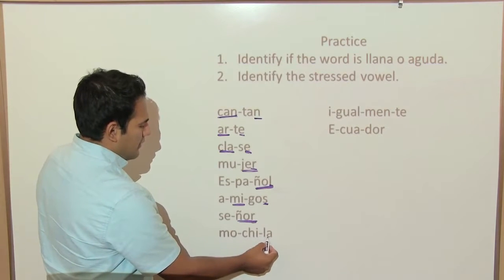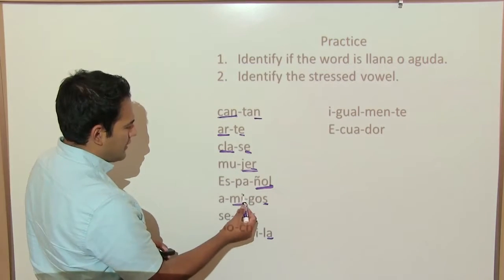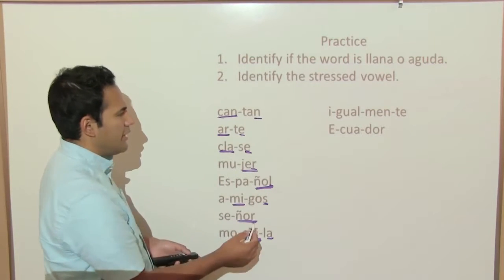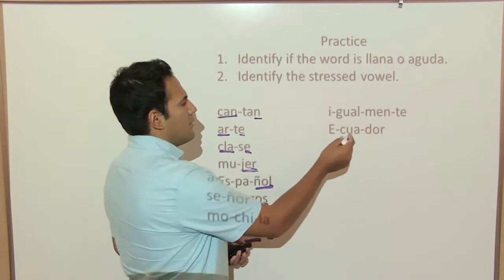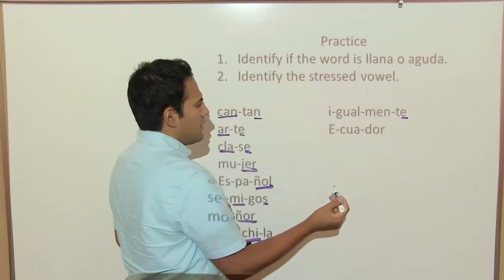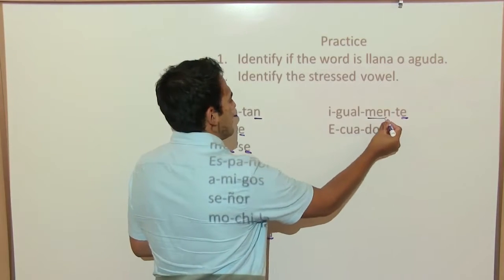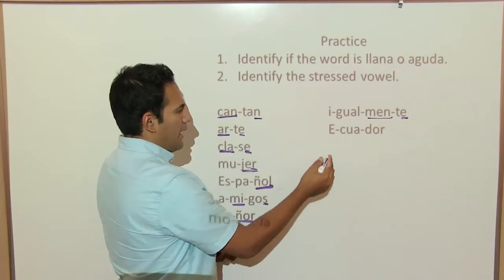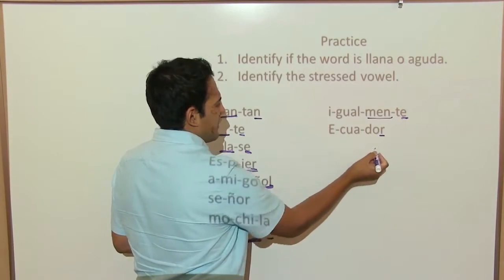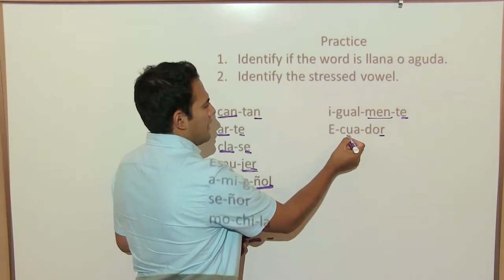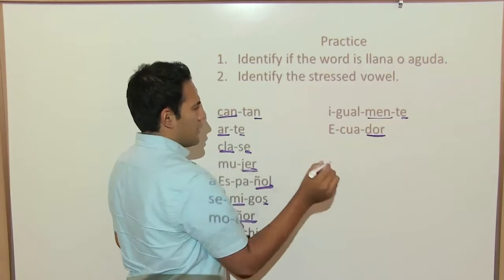The next one ends with a vowel, so the stress is going to be on the second to last, mochila. And here we have a vowel, so the stress is going to be on the second to last, igualmente. And finally, it ends with an R, so we're going to stress the last syllable, Ecuador.